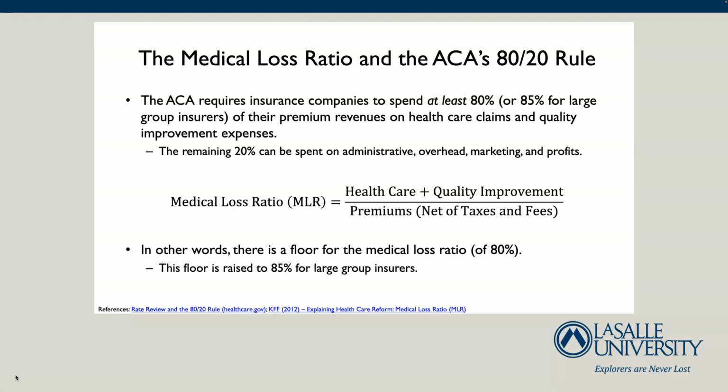And so the medical loss ratio is simply the ratio of spending on healthcare and quality improvement out of the premiums that are being collected, net of taxes and fees. So there's a floor for this medical loss ratio of 80%, or up to 85% for large group insurance. And that was one of the rules and regulations put forth by the ACA.